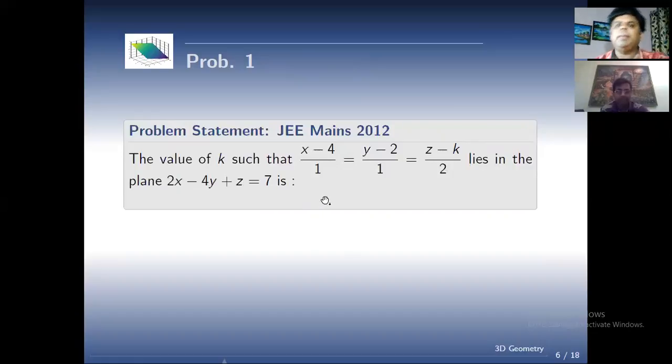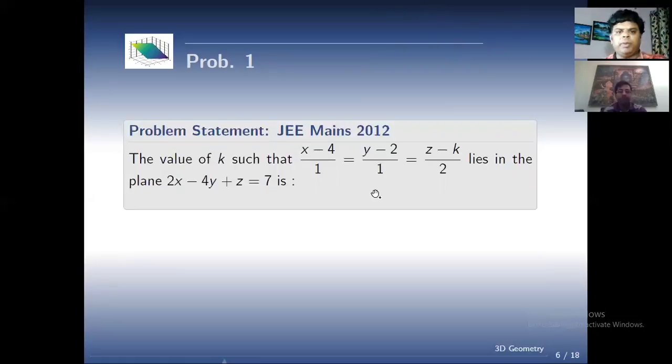So what they've given here is the symmetric form of a line. So this is a line in 3 dimensions. This line lies in the plane 2x minus 4y plus z equals 7 if k is of a particular value.